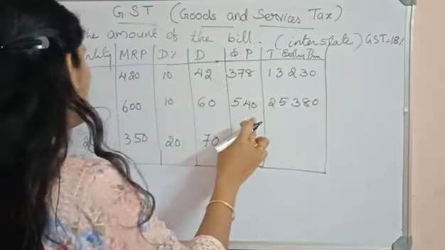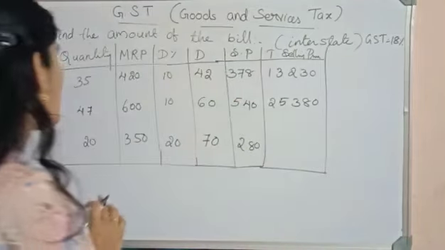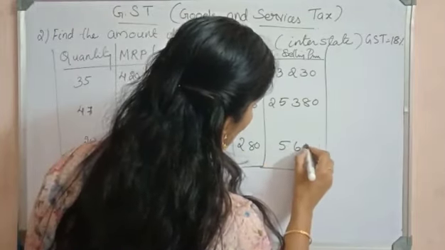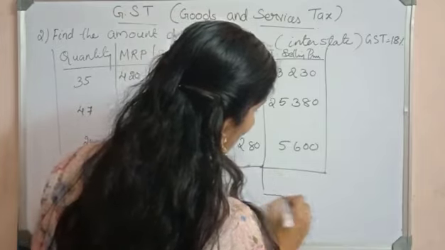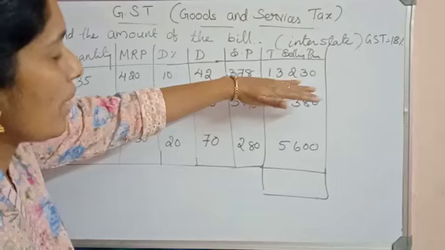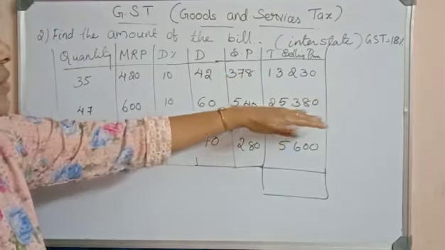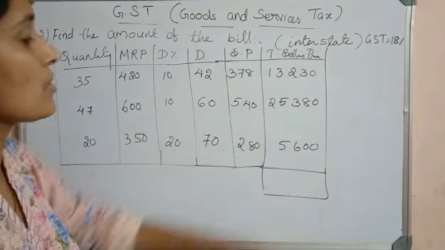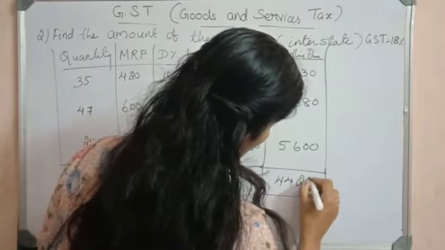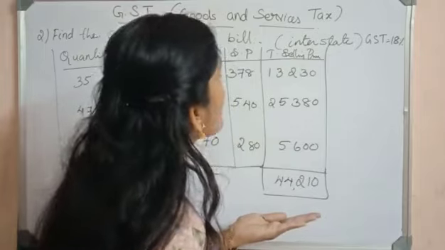When you multiply 540 with 47, we will get 25,380. And the last one is 20 into 280, and that is the same as 5,600. Now we need to calculate the total selling price. We need to add the selling price of each object, that is 13,230 plus 25,380 plus 5,600, and that is the same as 44,210, and this is the total selling price.